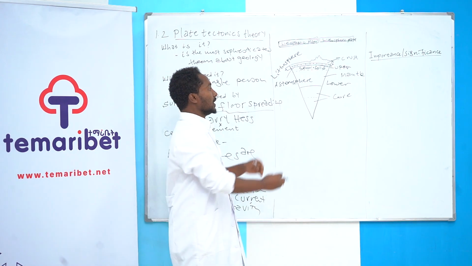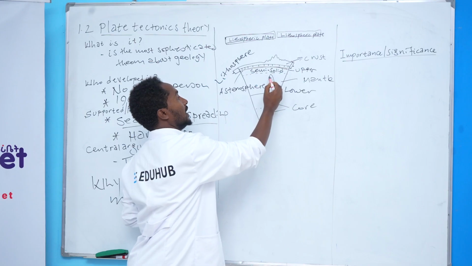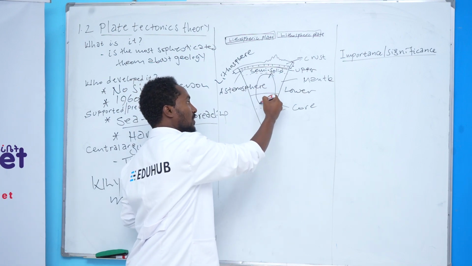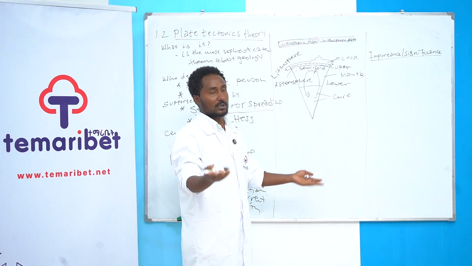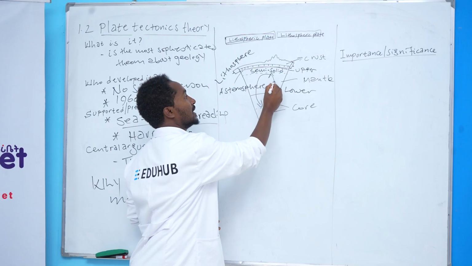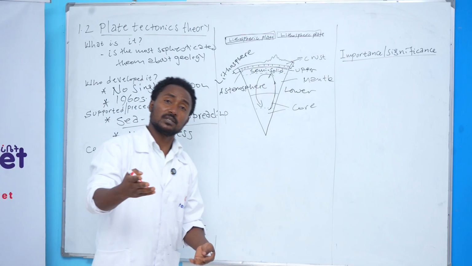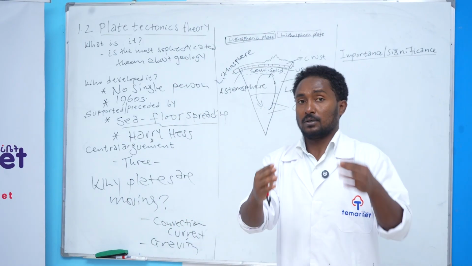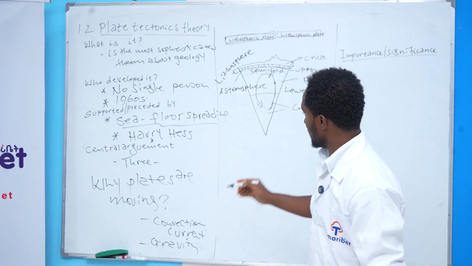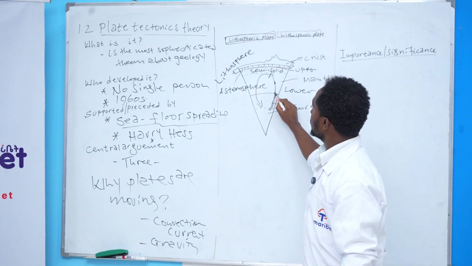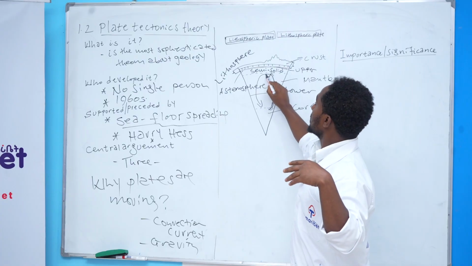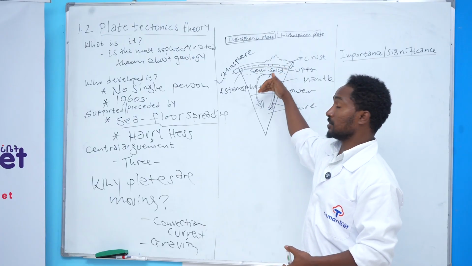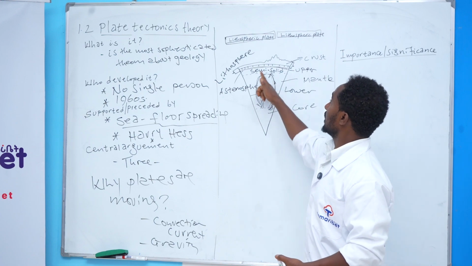Convection current is simply the rise of heat from the hottest part of the earth, that is the core, and the gradual descending down of this molten material. ቀስ እያለ ወደ ላይ ከፍ የሚል convection current አለ። Convection is one form of transfer of heat. ስለዚህ from the hottest part of the earth to relatively coolest part, from the coolest part to relatively the hottest part. This rise and fall of plates cause the movement of plates.